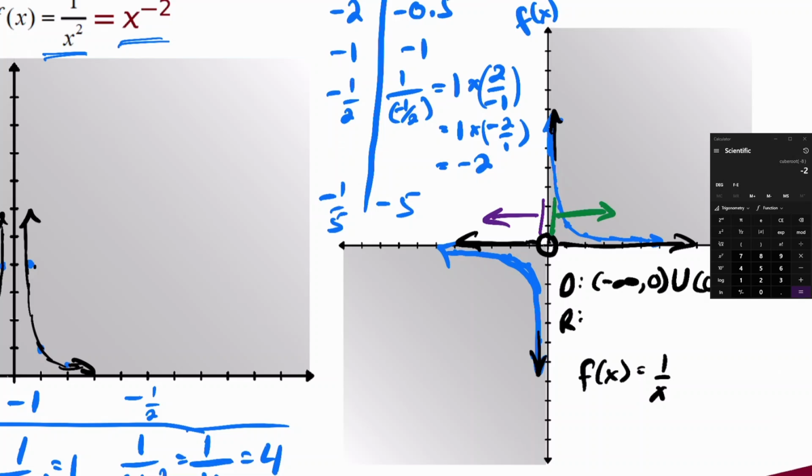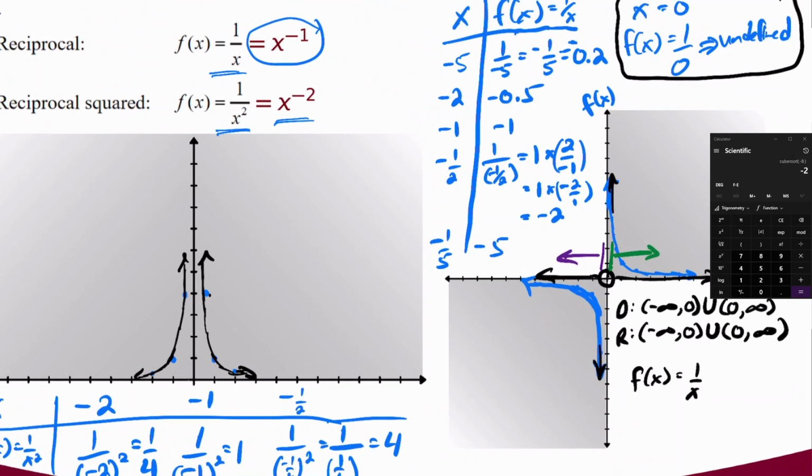I just never get to 0 because I can never reach infinity in this particular case. So my range ends up looking very similar. I can go down as far as I want, but I can't get up to 0. And then I can't get down to 0, but I can go up as far as I want. And I'm looking at the union of those two things.